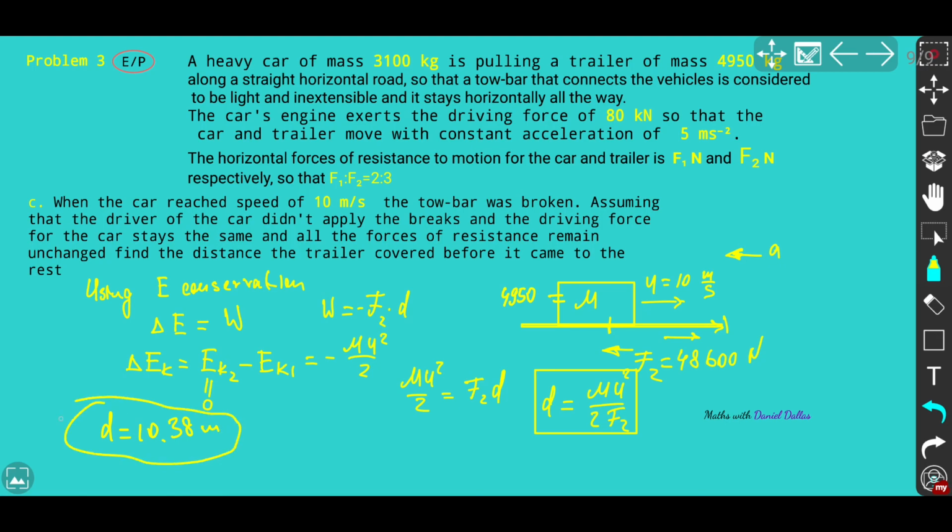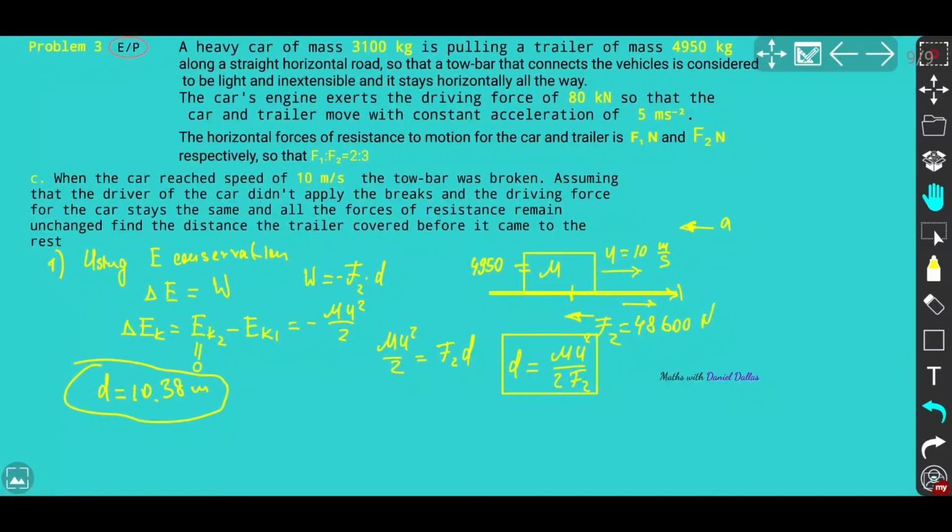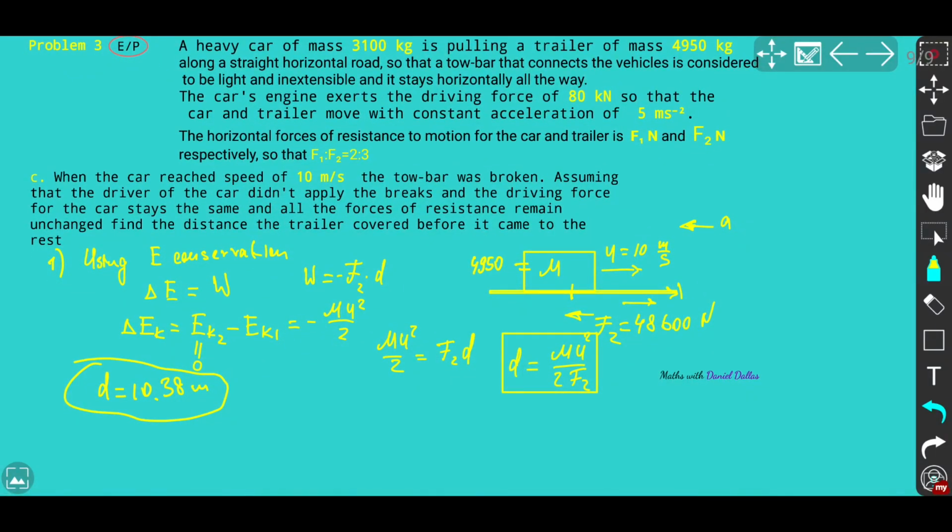Okay, until the stop. How to use the second way? Through basically the kinematic approach, or maybe you apply also Newton's second law. Because you understand, acceleration is no longer equal to 5 meters per second squared. Why? Because this is a new acceleration, the acceleration of the trailer itself, so obviously it should be different.